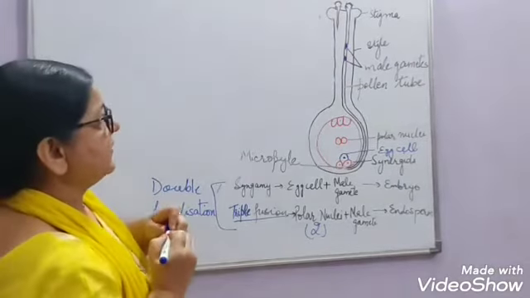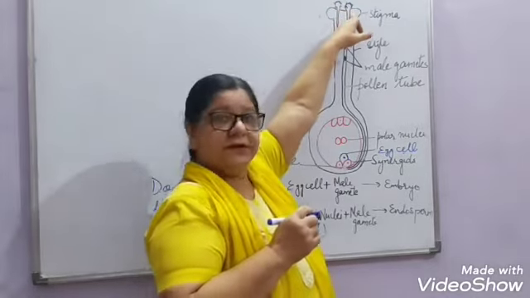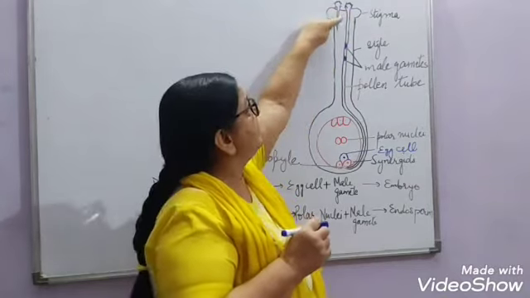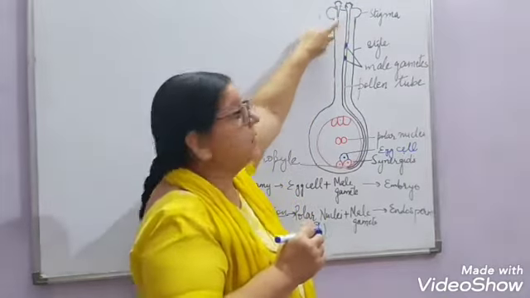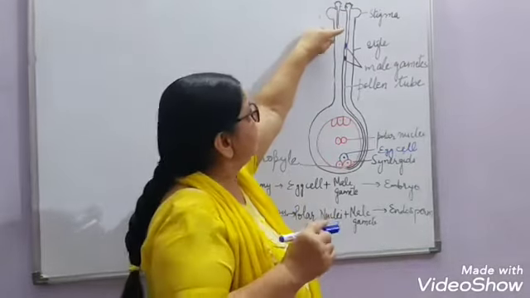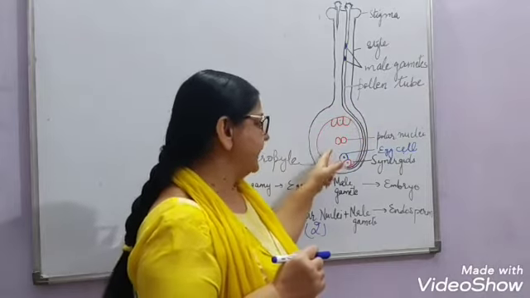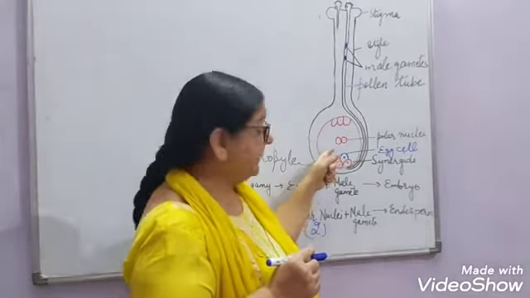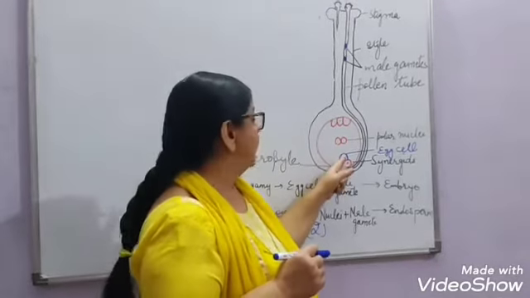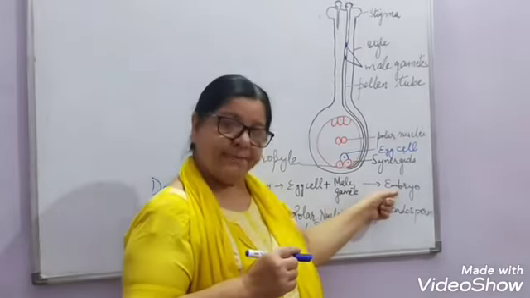Right? Once again, we'll repeat this. The pollen grain will fall on the stigma. They will burst open and will form the pollen tube. 2 male gametes from each pollen grain will travel through this pollen tube and will enter the ovule here. Inside this, one of the male gametes will fuse with the egg cell and will form the embryo.